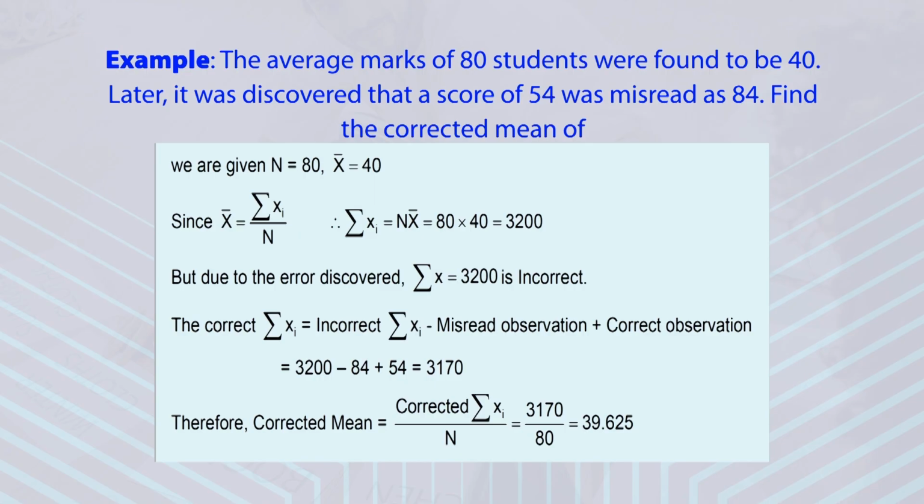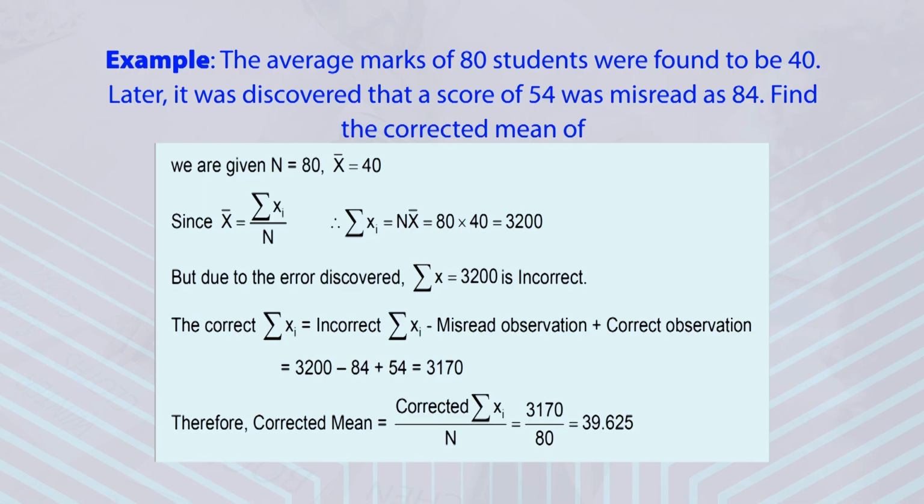After getting this incorrect sum, the correct sum can be obtained by subtracting the misread value and adding the correct value of the observation to the incorrect sum, and then we get the correct sum.